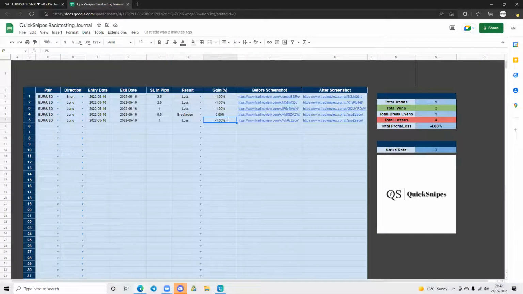So had that been a win, you would have been looking at being 1R in profit on a Monday, which isn't bad. That's on a 100K account. That's 1K.